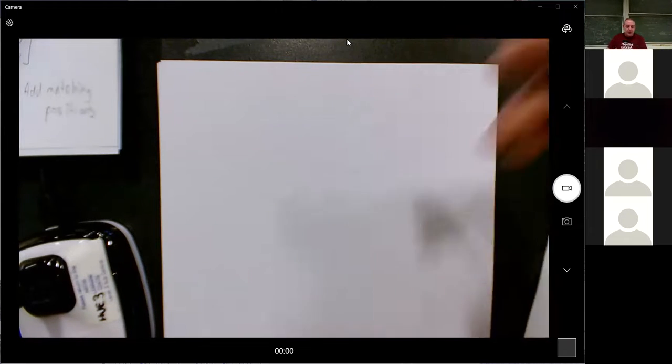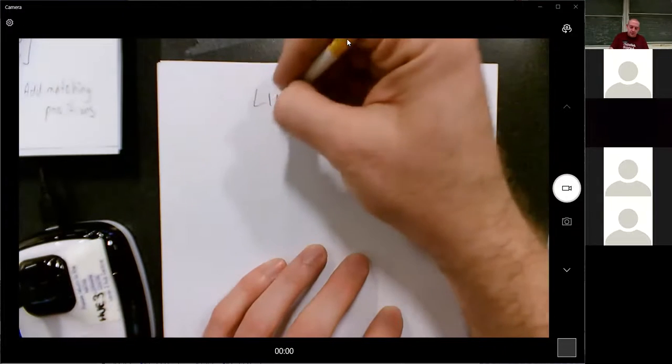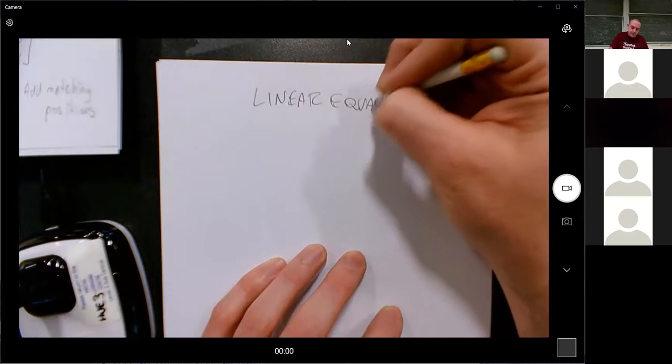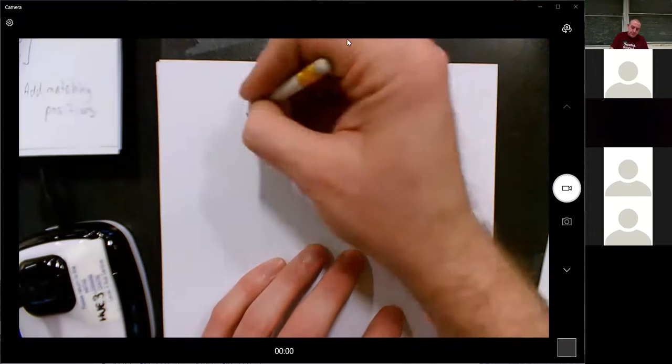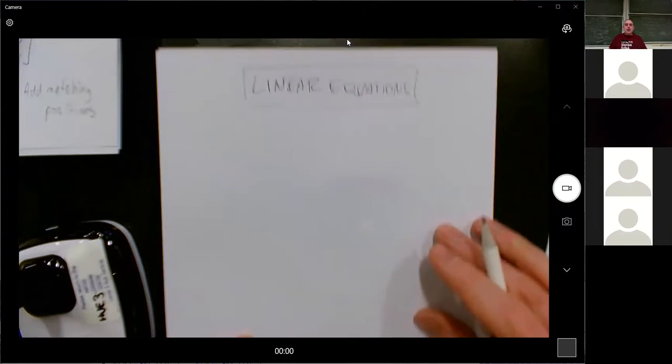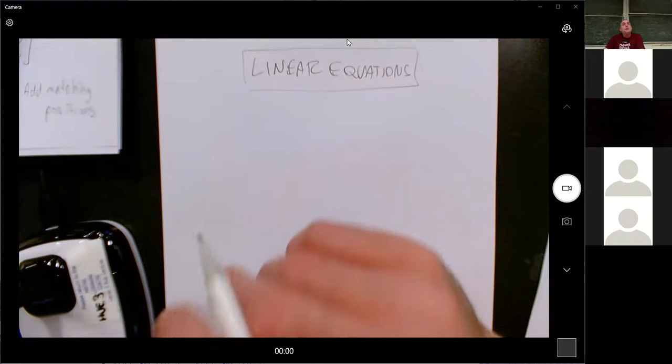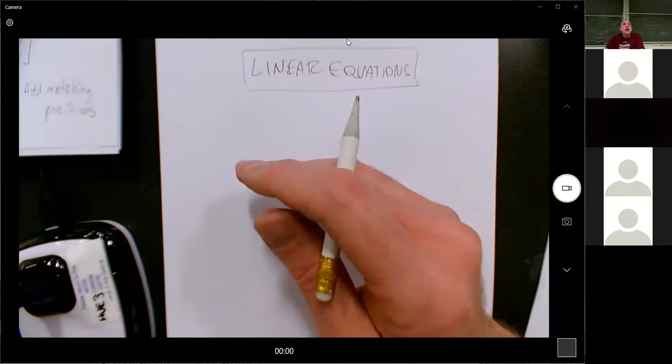Okay, so I can solve linear equations using matrices. And I can use row operations to do it because that's the quickest way.